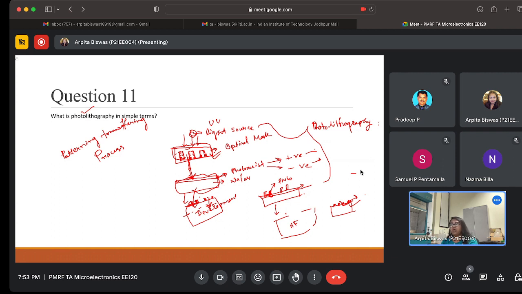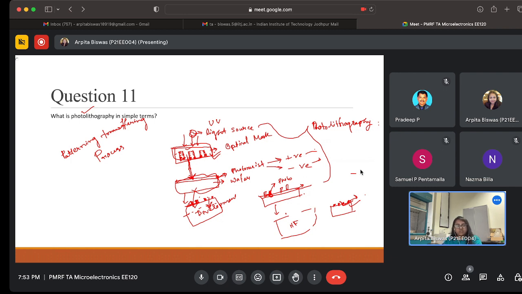And mainly we can say that this is the pattern transferring process on the silicon wafer surface. Like if you want to deposit or pattern some gold electrode, at first you deposit the gold, and then using this mask you pattern it. So from the mask to the wafer surface you are transferring the pattern; it is called photolithography.